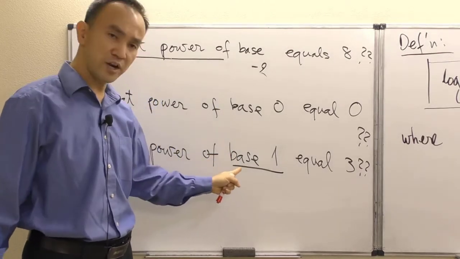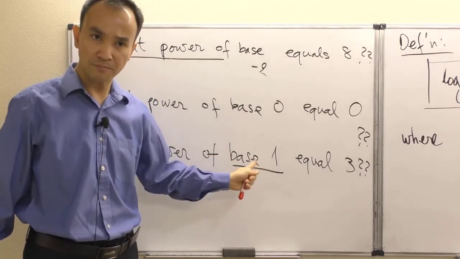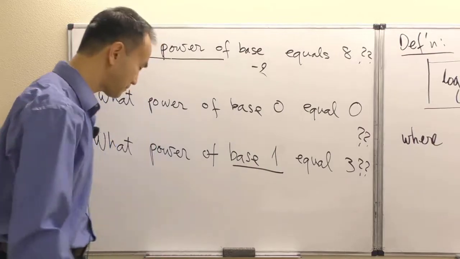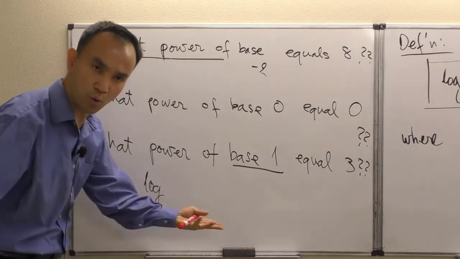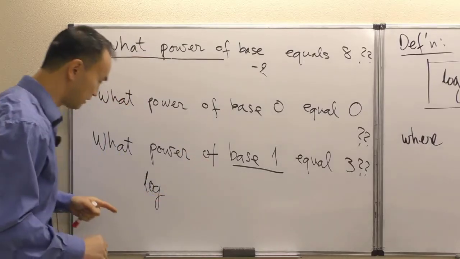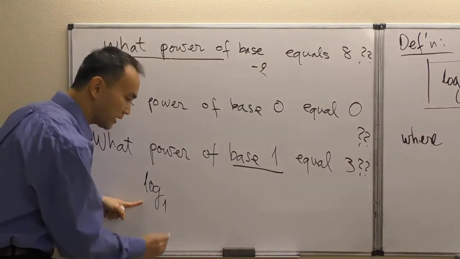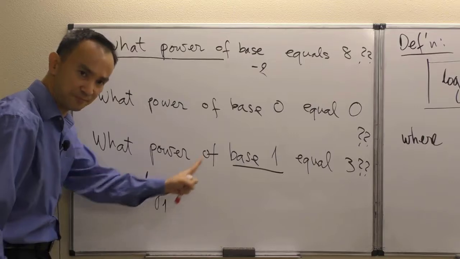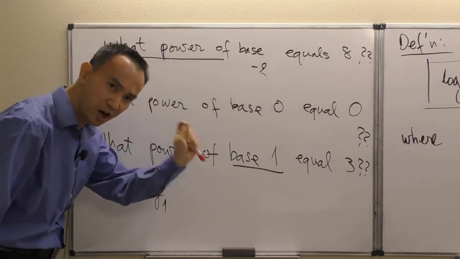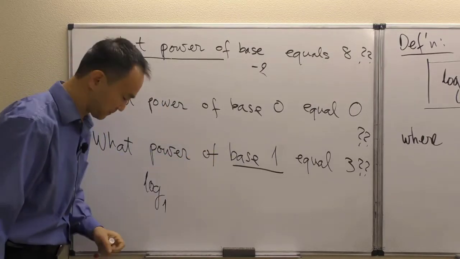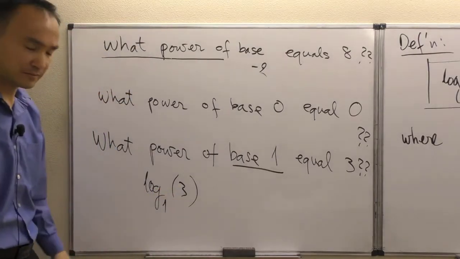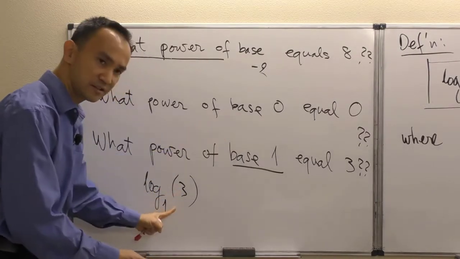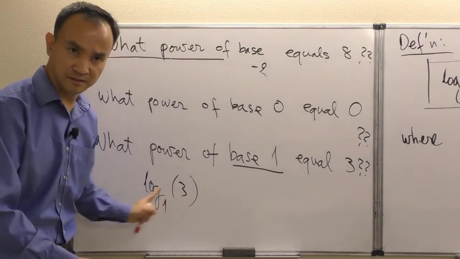But now I address base 1. It's already a positive base. Let's find out. As a symbolic question, that's log base 1 of 3. That's how I read it. If this logarithm operation works, log base 1 of 3, that's the question, the same question in symbolic form.